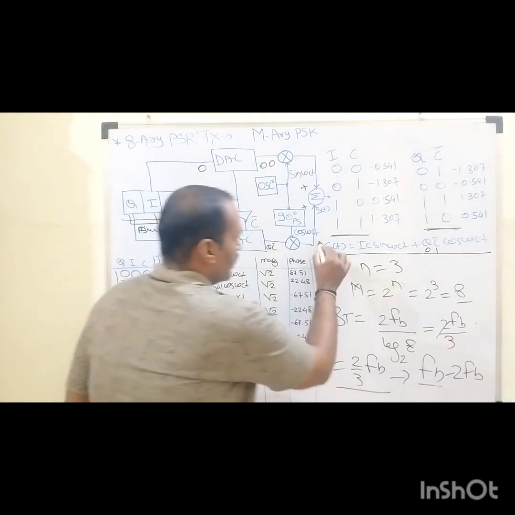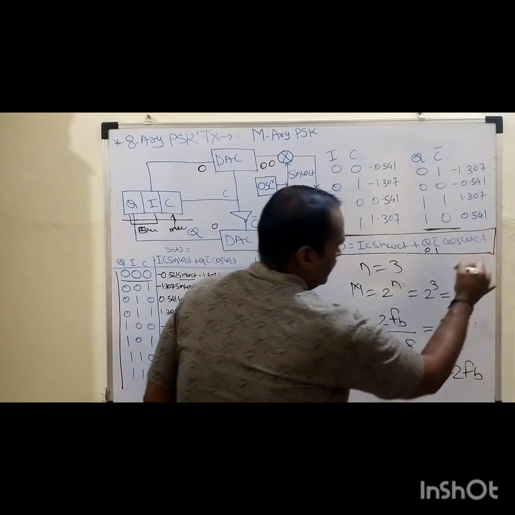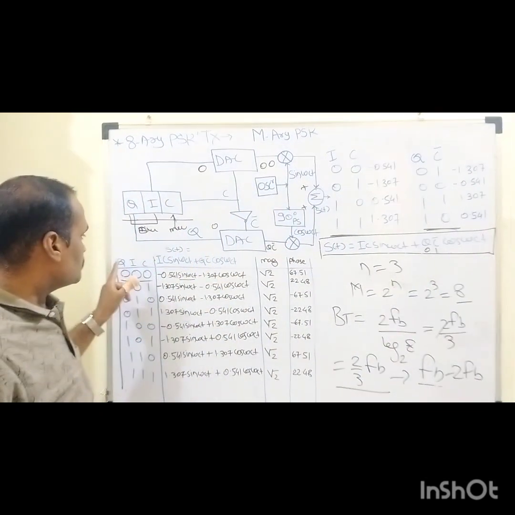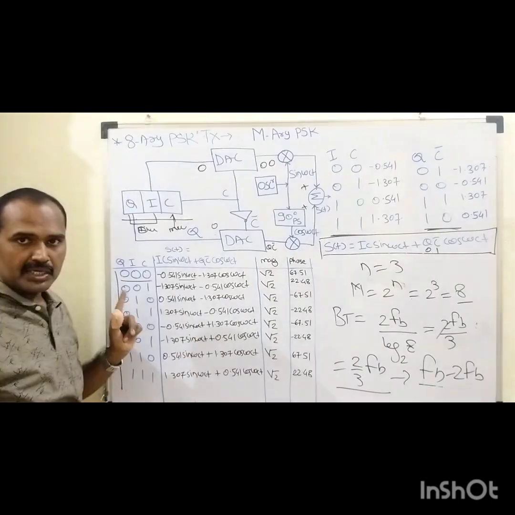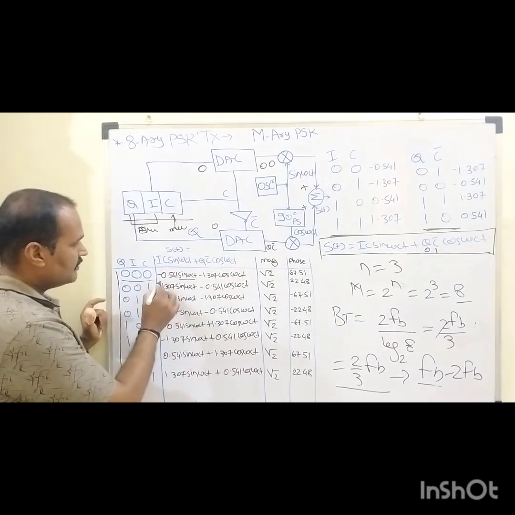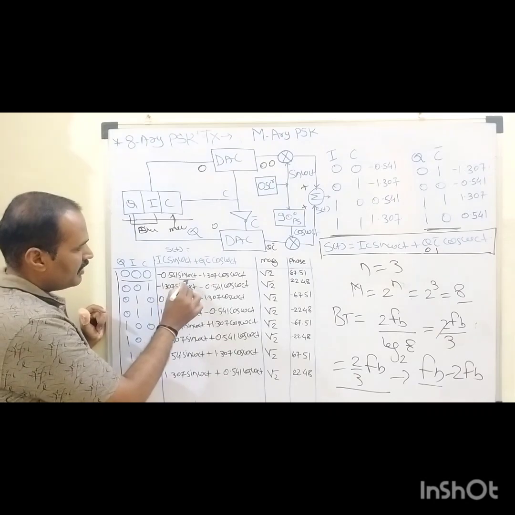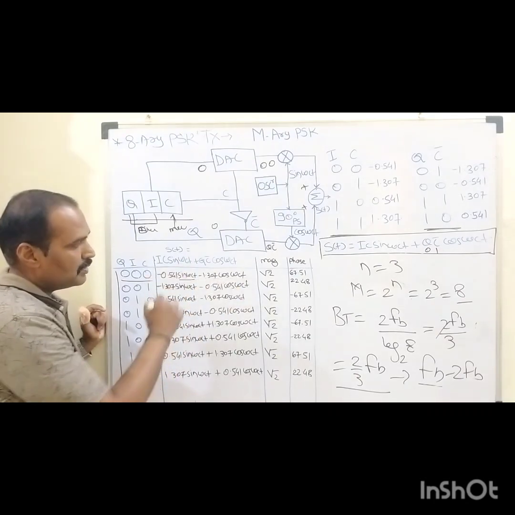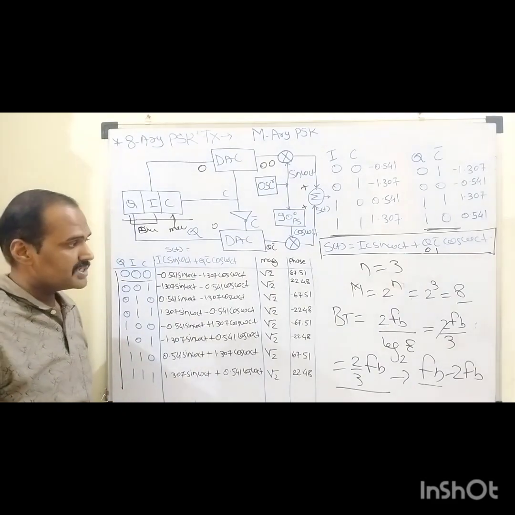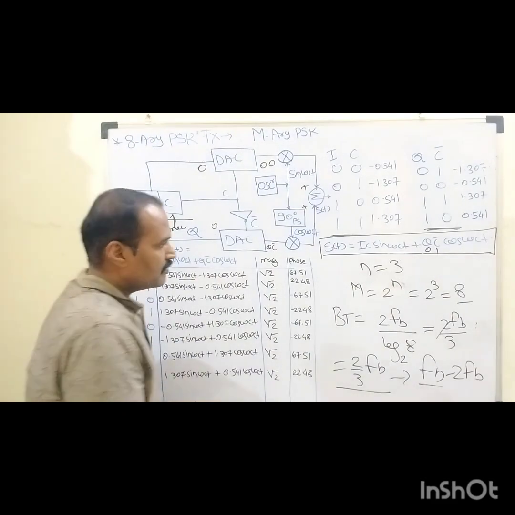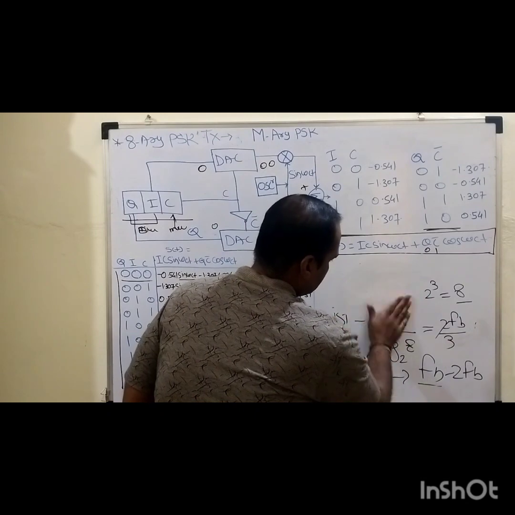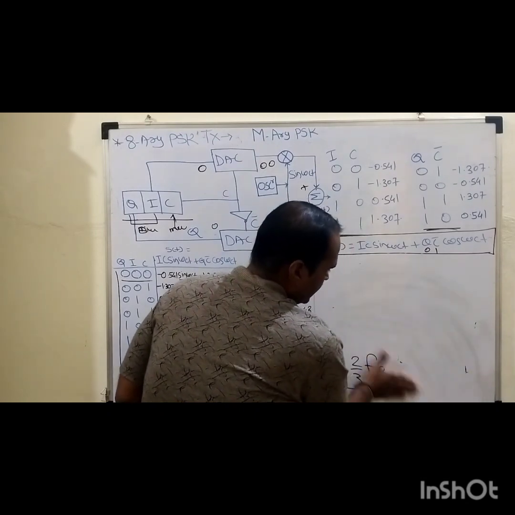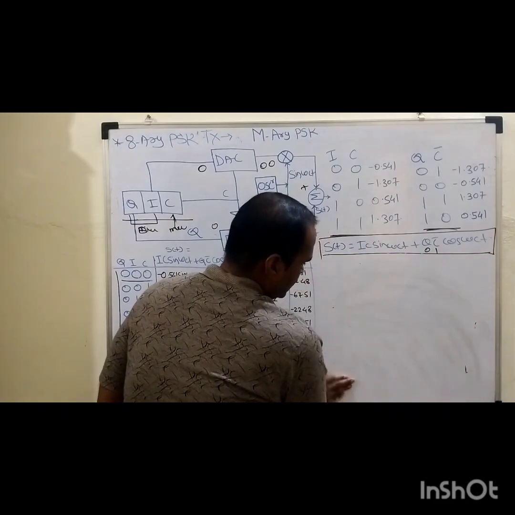So how to represent this overall signal when Q equals 0, I equals 0 and C equals 0? It is represented in this way: minus 0.541 into sin of omega ct minus 1.307 into cos of omega ct. Now one question arises in our mind: why go for such mathematical treatment? Because ultimately we are supposed to draw the constellation diagram for this 8-ary phase shift keying technique.